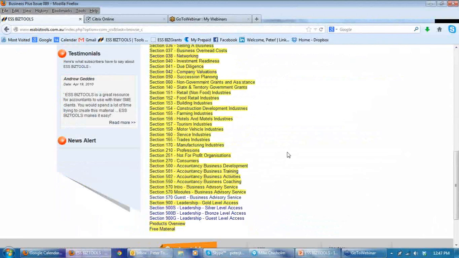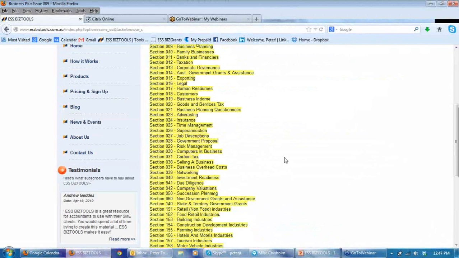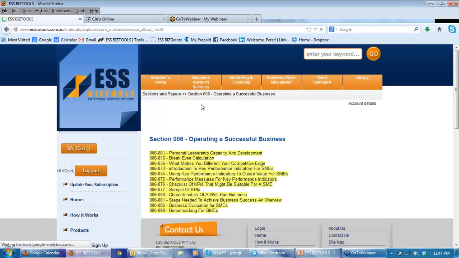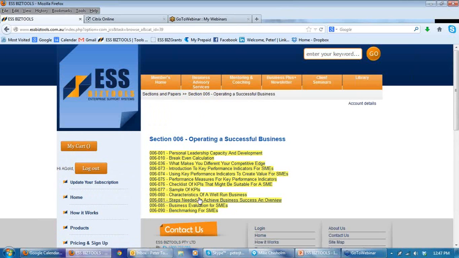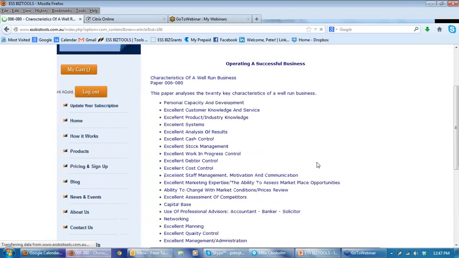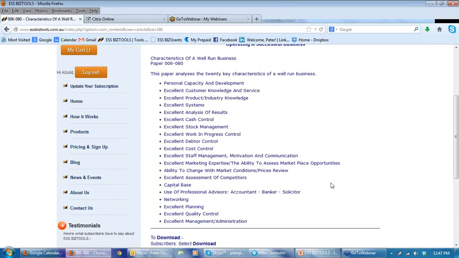So if you're wanting to see a paper, you'd click on the name of it, operating a successful business, and if you wanted to then look at, say, characteristics of a well-run business, you would first of all receive a précis of what's in that paper.